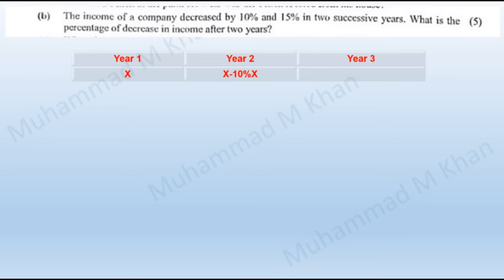So the income of the company decreases by another 15% in year number 3, or the second year from the base.